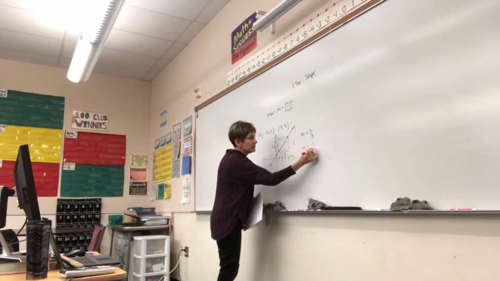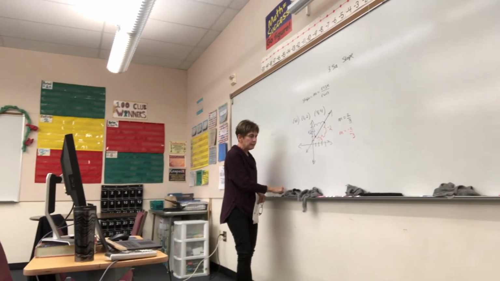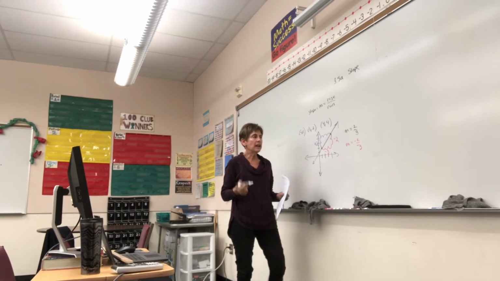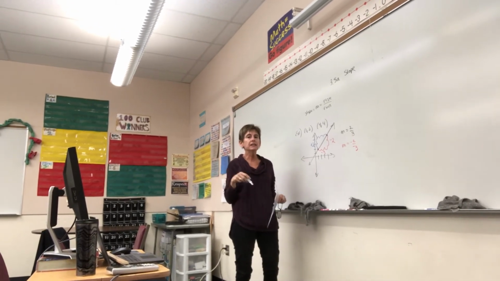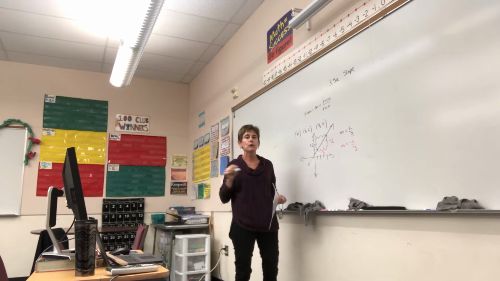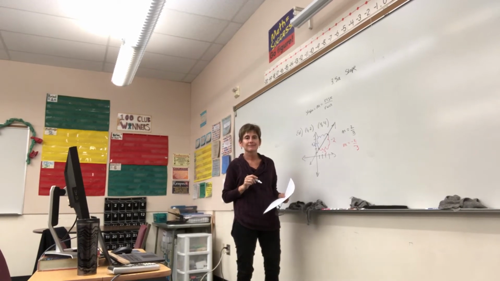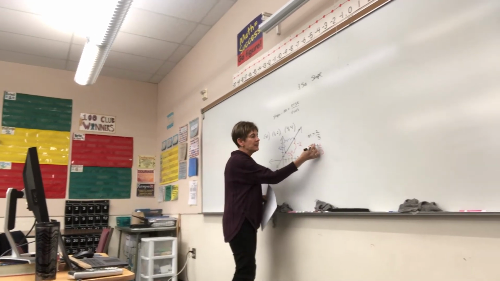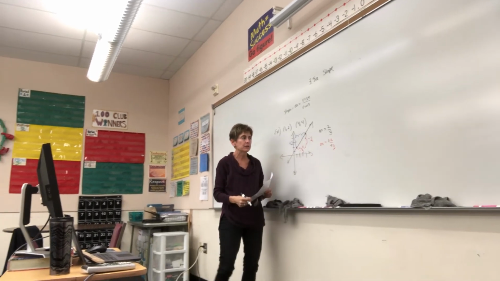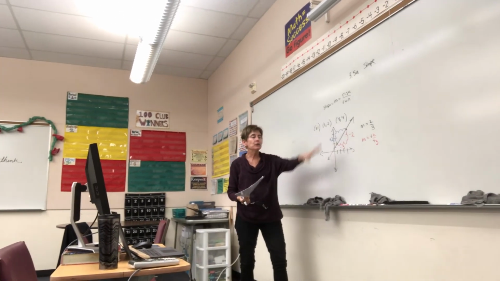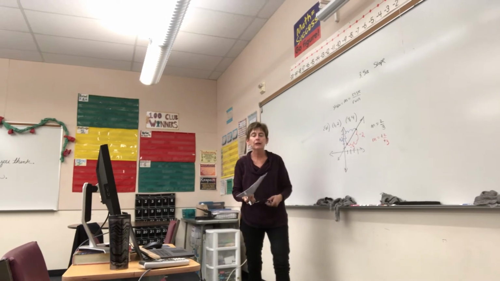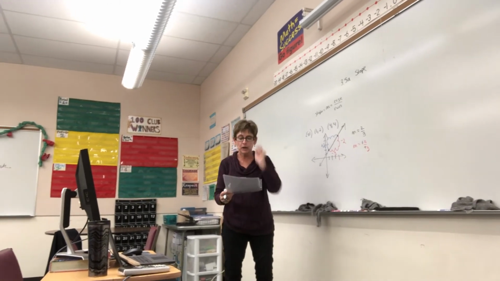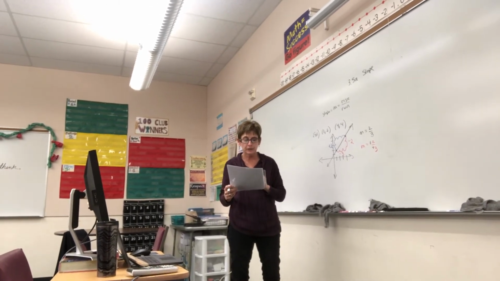Can anyone guess why these answers end up being the same? Why is 2 over 3 technically the same answer as -2 over -3? It's because when you have a negative divided by a negative, they cancel each other out. So no matter how you count your slope, as long as you count your rise first and then your run, you should get the correct answer.